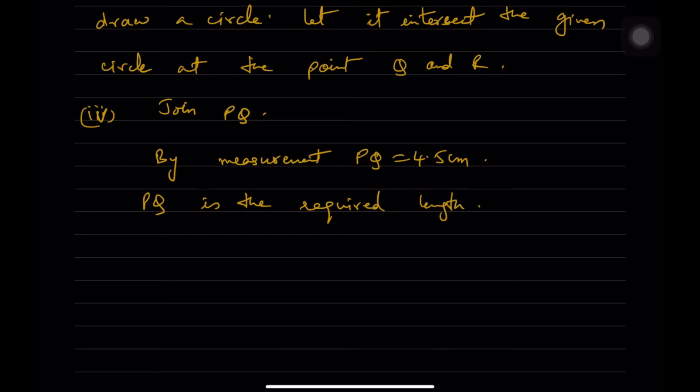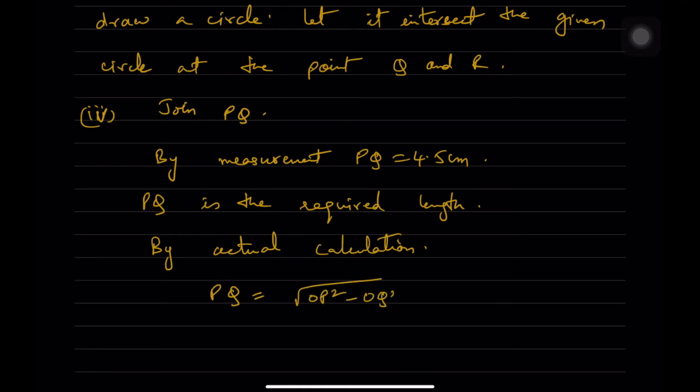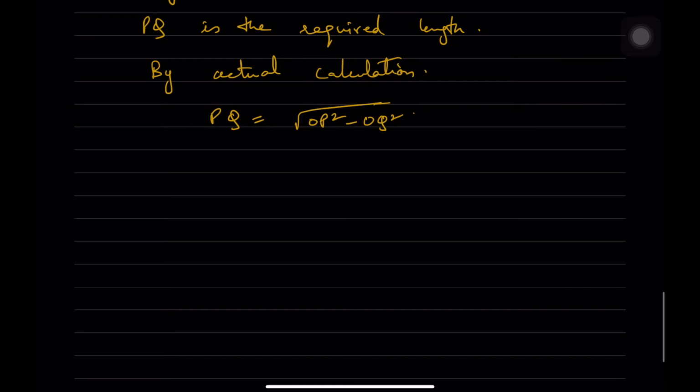Now by actual calculation, how much do we get? This is how we constructed. We got it as 4.5. Now doing it by actual calculation, PQ is equal to the square root of OP squared minus OQ squared. This is by Pythagoras theorem.